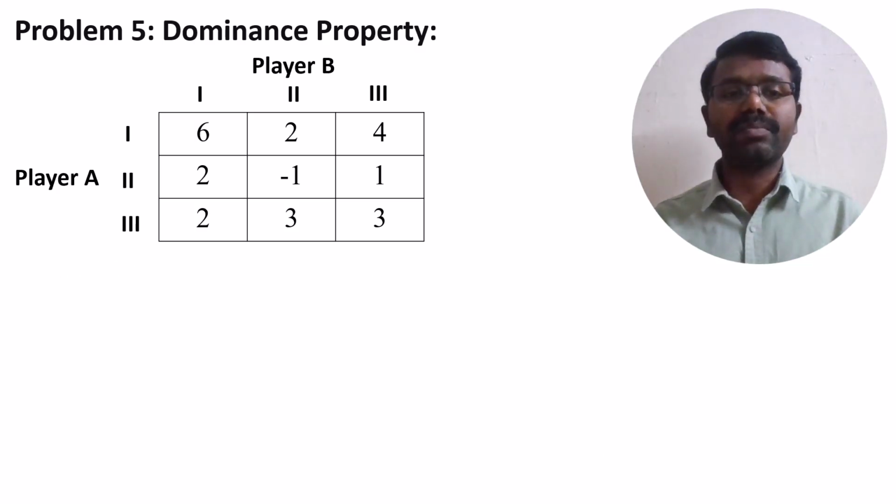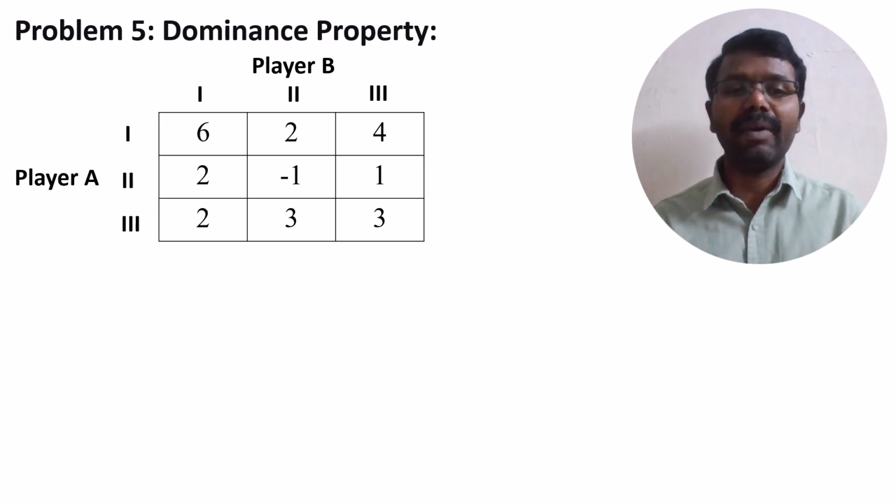Now first we will compare the first strategy with the second strategy, and we will see whether any strategy is dominating another strategy. So what is the principle? If all the entries of strategy 1 are less than or equal to those of another strategy, then whichever is less can be deleted from the payoff matrix.